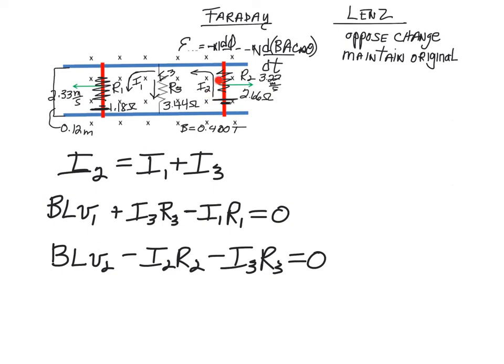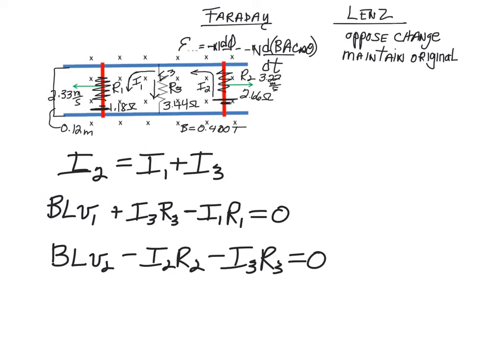And then when I do this loop, I start here and I get a positive BLV2 for the induced EMF here. And then since I go in the direction of I2, I get a negative I2R2. And then in the direction I3 is going, I get a negative I3R3. Those equations are both equal to 0.